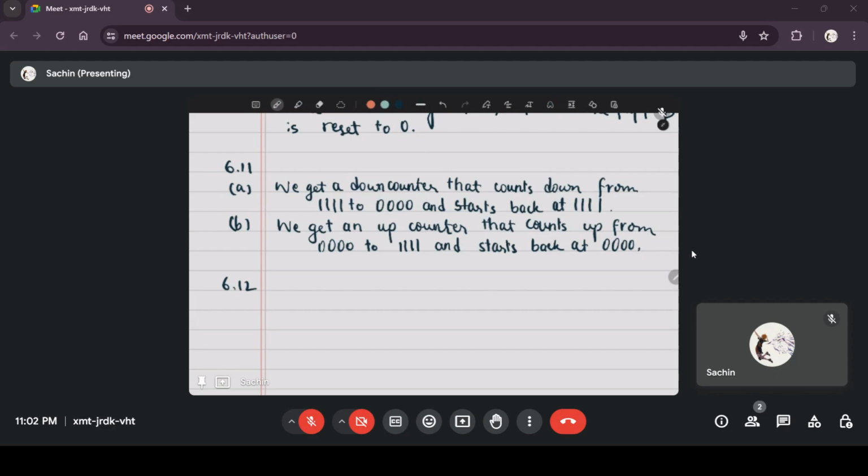6.12, draw the logic diagram of a 4-bit binary ripple countdown counter using A, flip-flops that trigger on the positive edge of the clock and B, flip-flops that trigger on the negative edge of the clock.